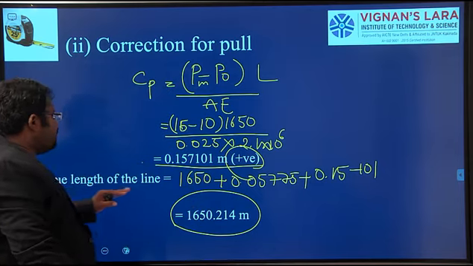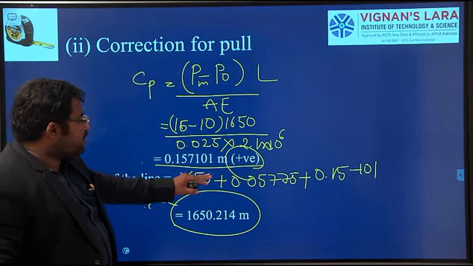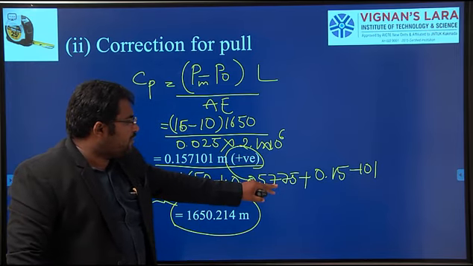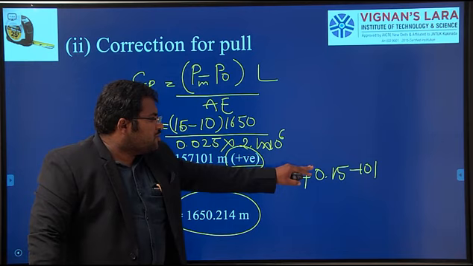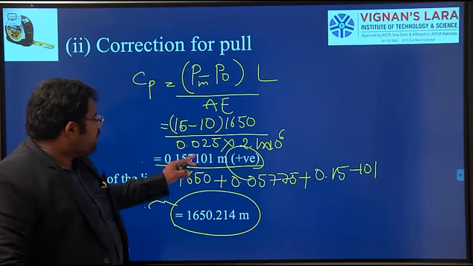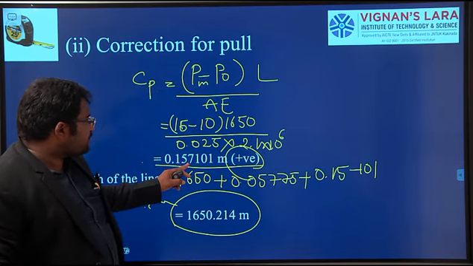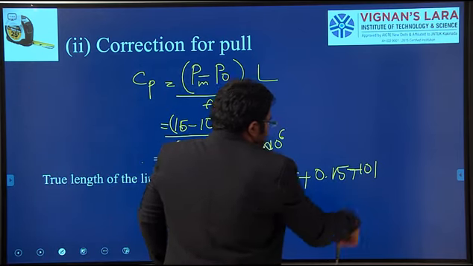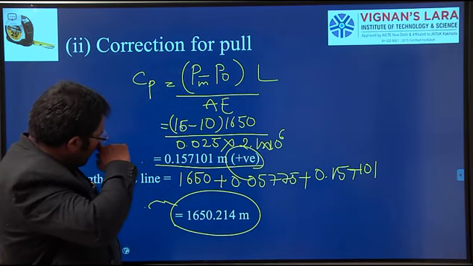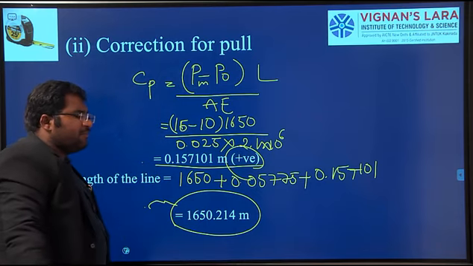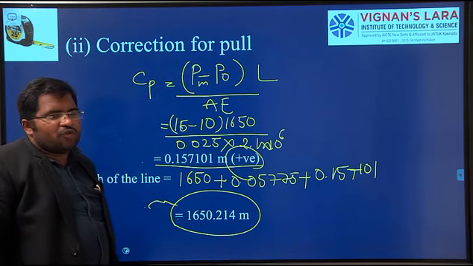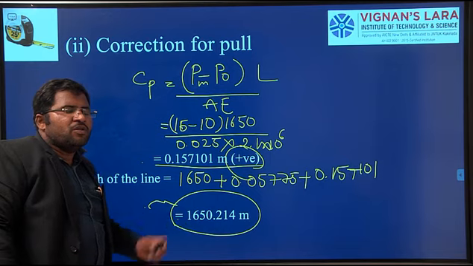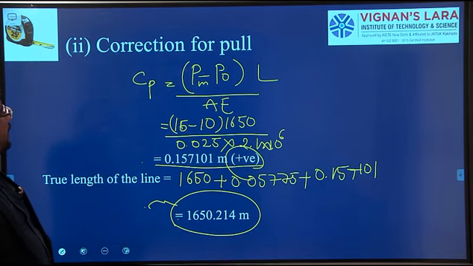So finally the true length of the line is 1650 plus 0.05775 plus 0.157101 we added to it, and finally we arrived at a value of 1650.214 meters. This is the true length of the line.